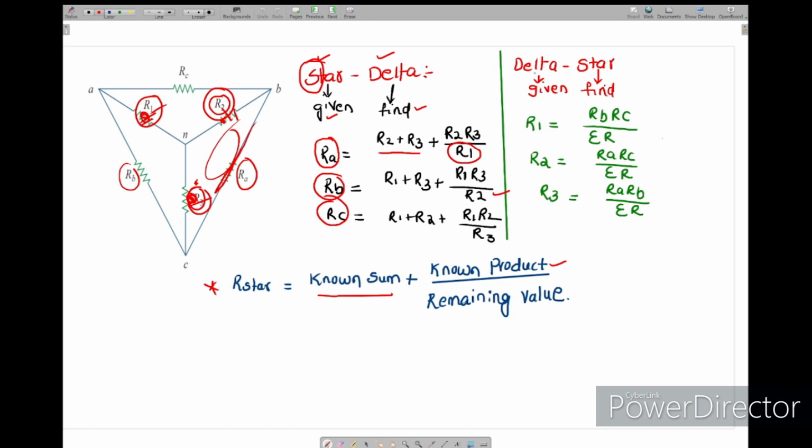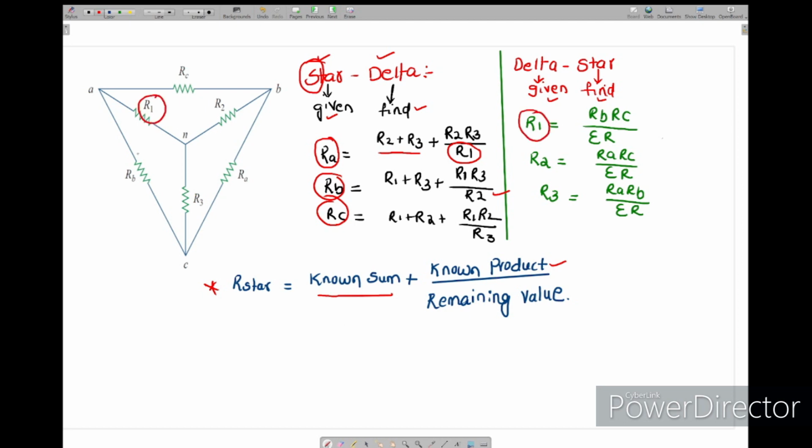When we have delta, we have to convert to star, means delta is given, we have to find the star. In that case, compared to star to delta, this conversion, delta to star, is easy. We want to find R1 here.